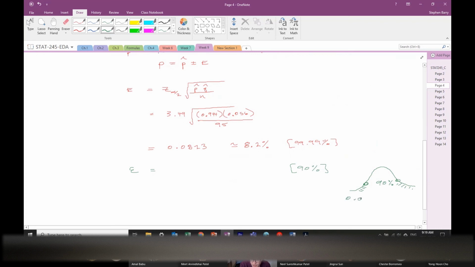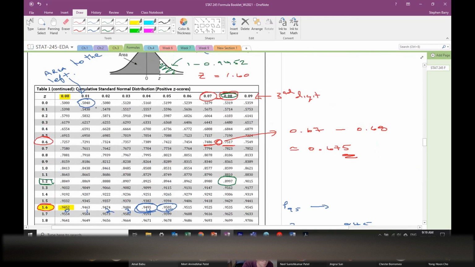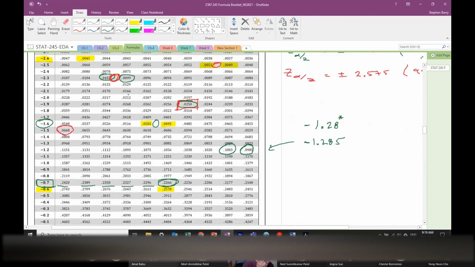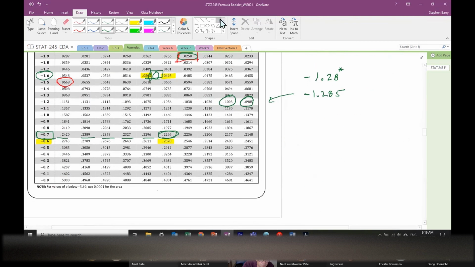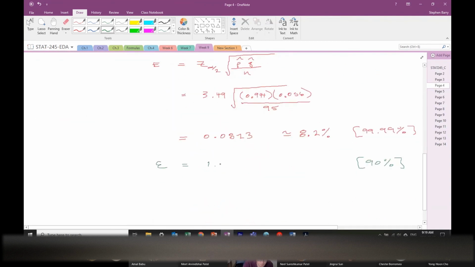So I'd be looking up a value of 0.05 on the formula sheet. Right here, 0.05. So that's 1.645. And you would just times that by the same numbers over here.